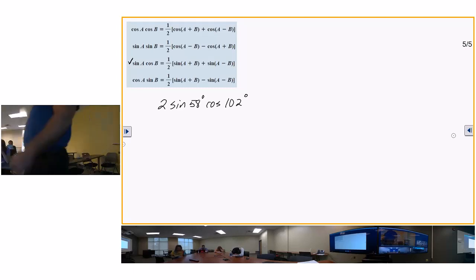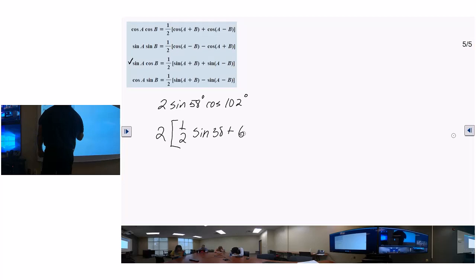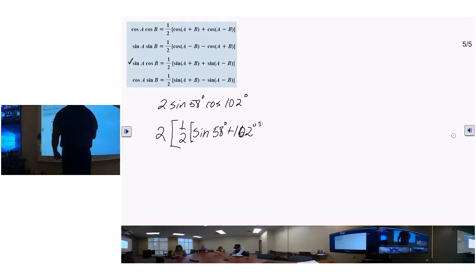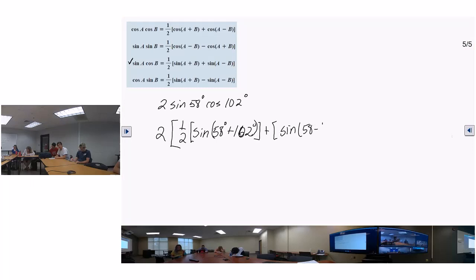So that's going to be 2 times 1/2, brackets, sine of 58 plus 102, plus the sine of 58 minus 102.